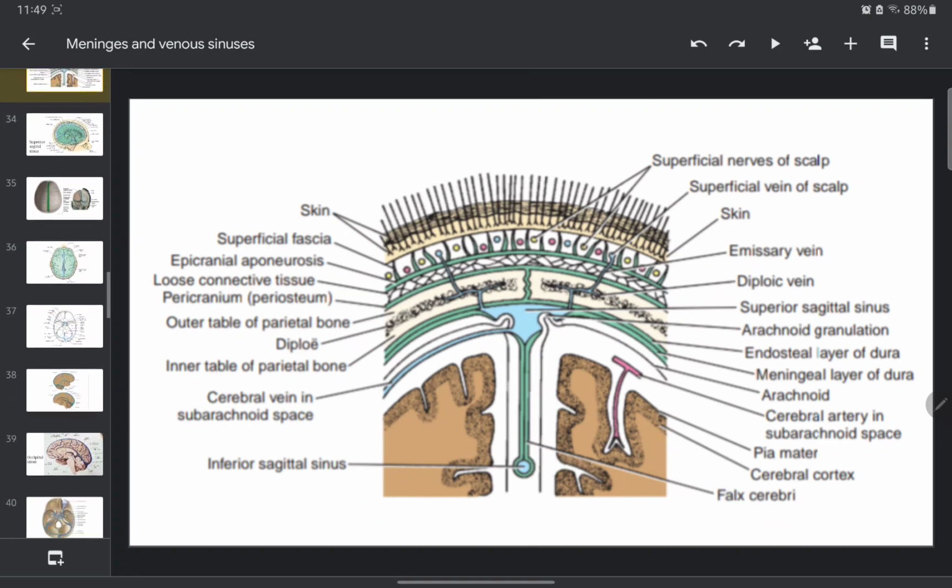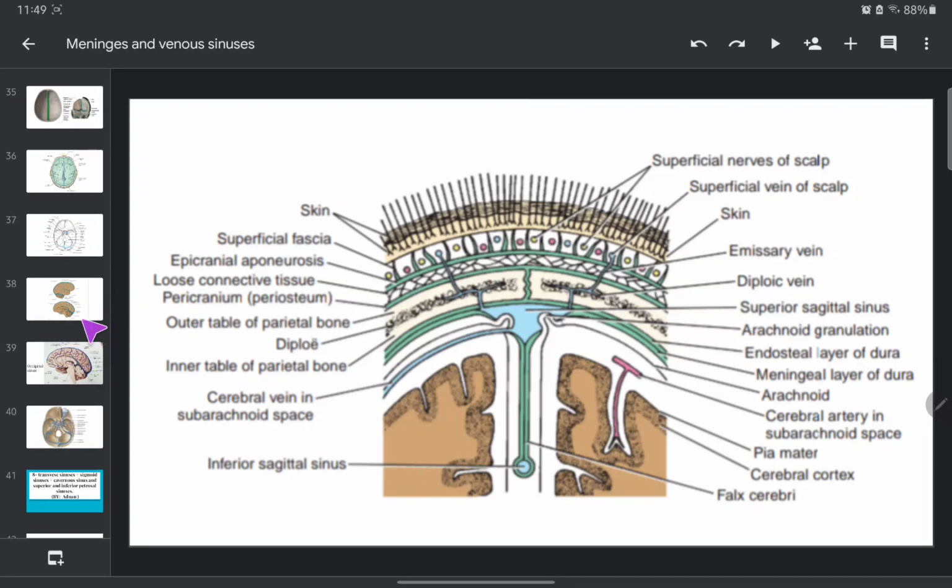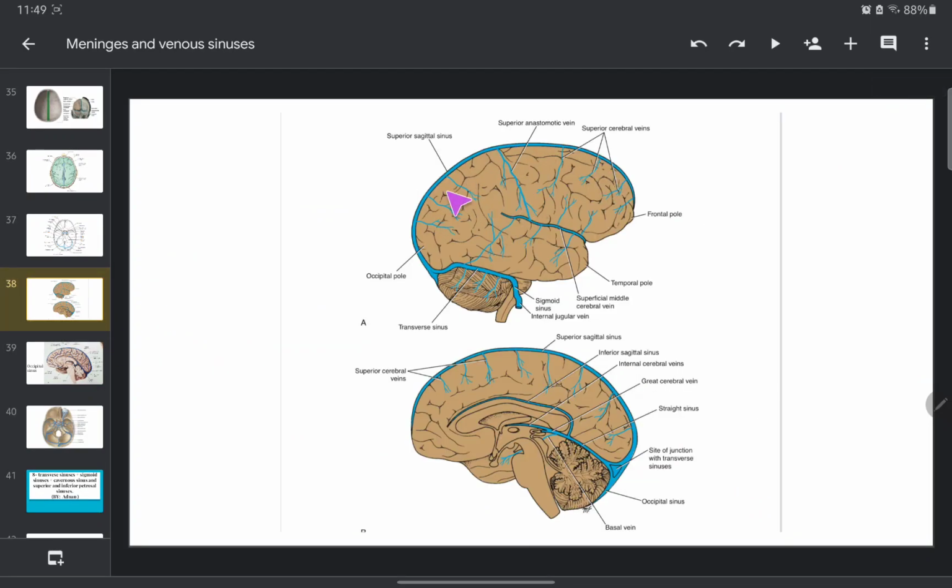As we said, the superior sagittal sinus drains the superior cerebral veins, so you can think of it like the inferior one will drain the inferior cerebral veins. And it also joins the great cerebral vein, forming the straight sinus, which I will discuss right now.